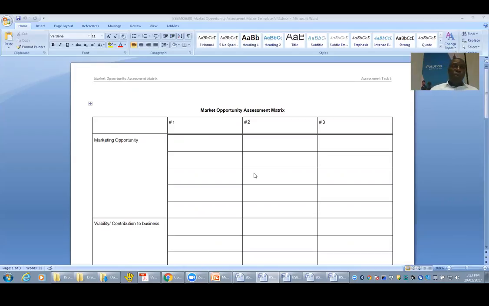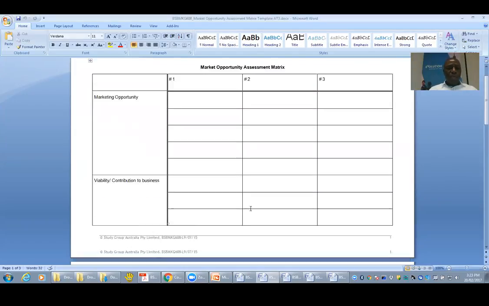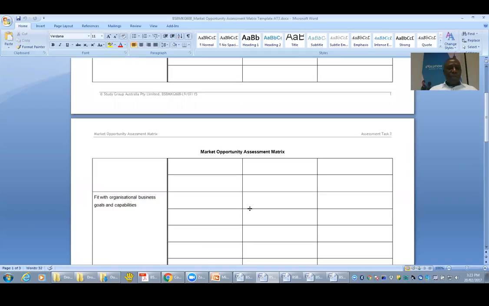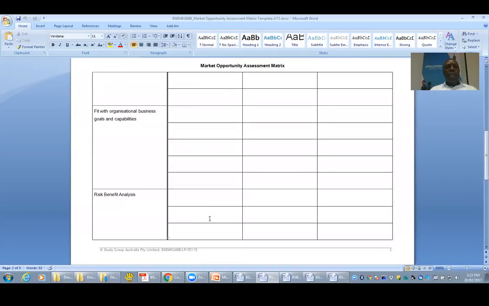The opportunities could be that the country's economy is growing and you see the population having more and more disposable income and being able to spend some money on products. And it could be the viability of the business, seeing how viable it is. And you've got to consider how this fits with the organization's business goals and capabilities. So if the goal was to increase market share, or to increase revenues, how does it fit?